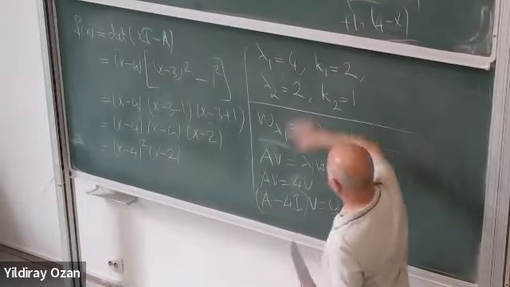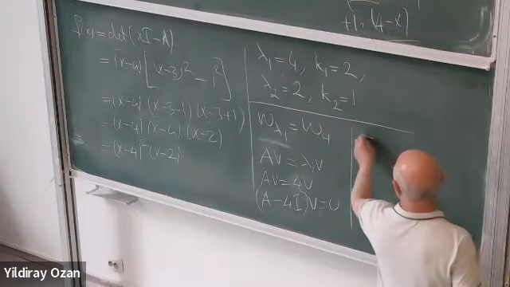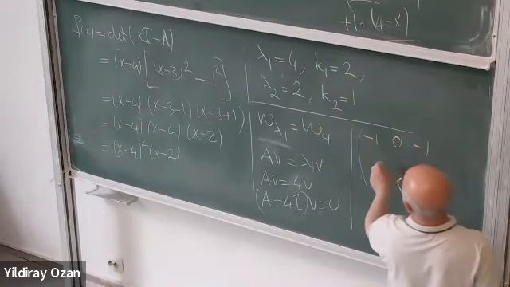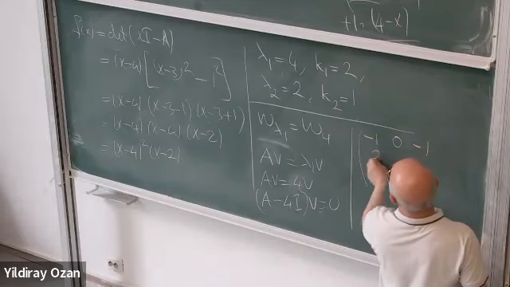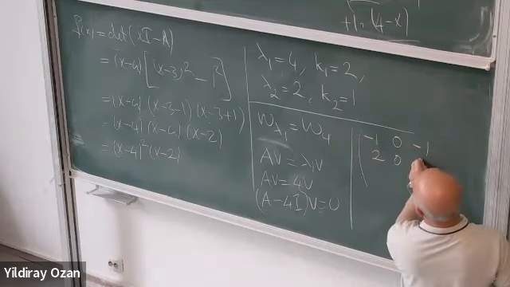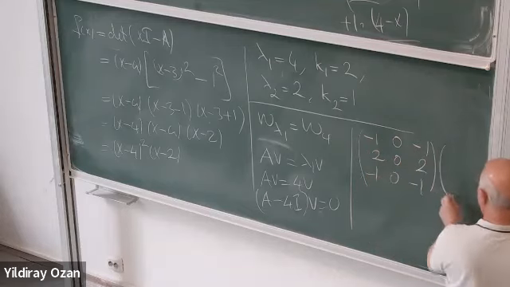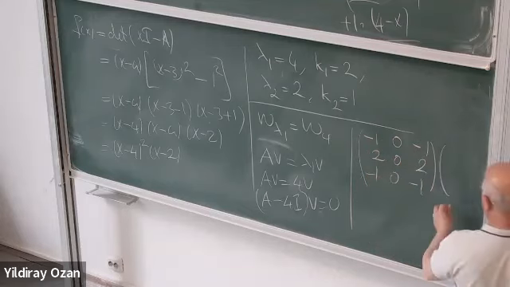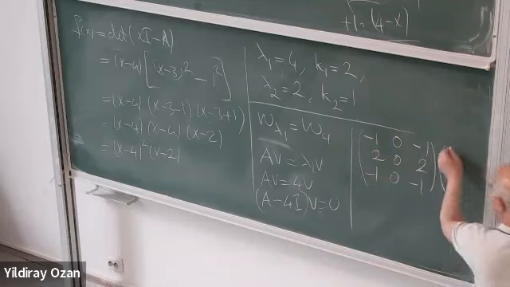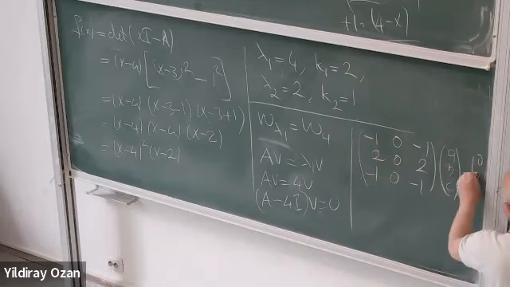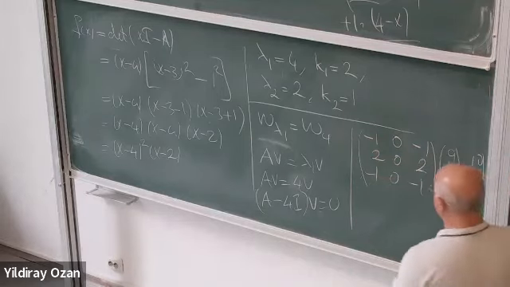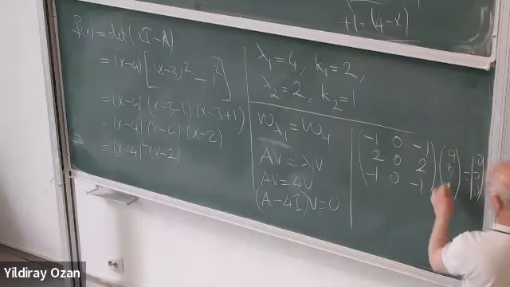So A minus 4 times identity is minus 1, 0, plus 1, 2, 0, 2, minus 1, 0, minus 1. And here I have the vector v. Let's say it has coordinates a, b, c, equal to 0, 0, 0. Right? v is just the vector a, b, c.